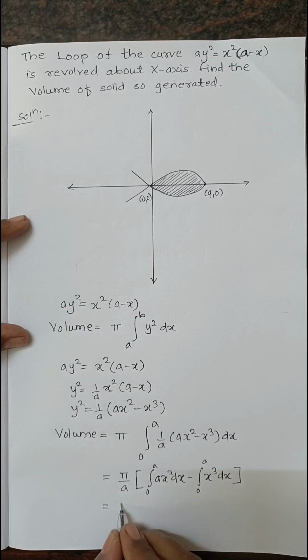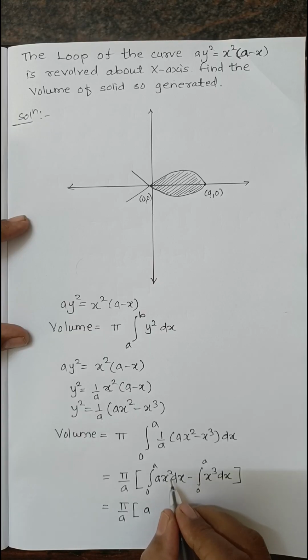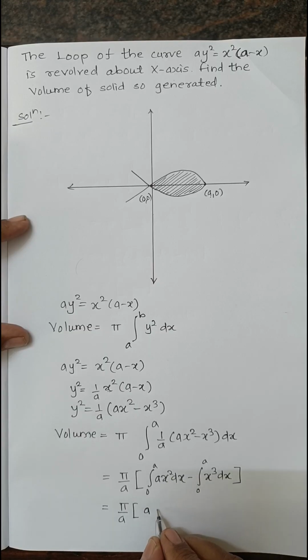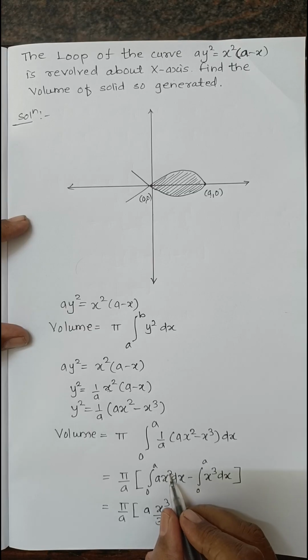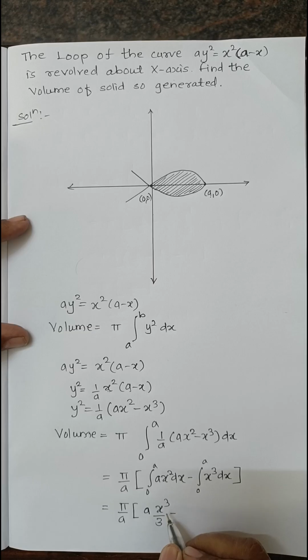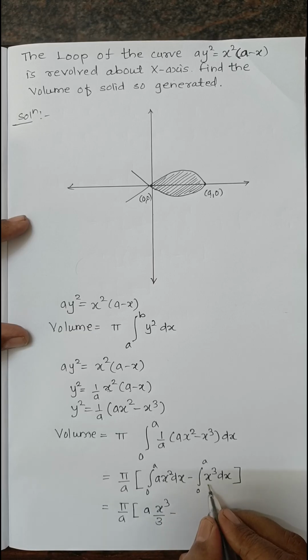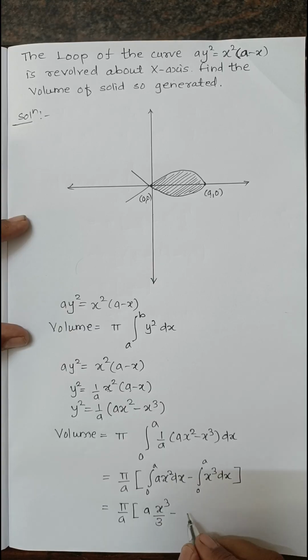This is equal to pi upon a. a is a constant, and the integral of x square is x cube upon 3. This is in the form x raised to n, and the integral of x raised to n is x raised to n plus 1 upon n plus 1. Here n is 2, 2 plus 1 is 3, so a x cube by 3. Here again in the x raised to n form, n is 3, 3 plus 1 is 4, therefore x raised to 4 upon 4.